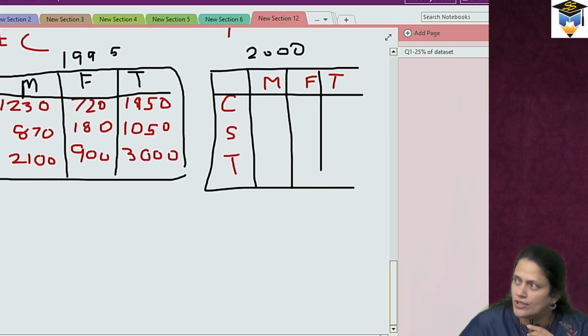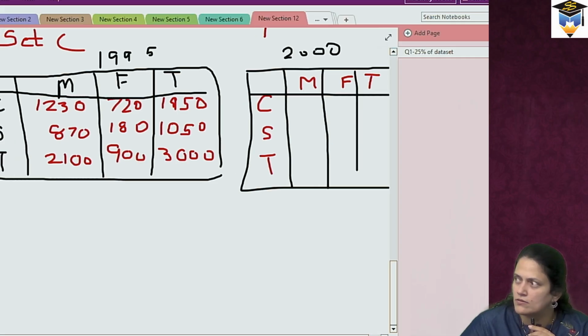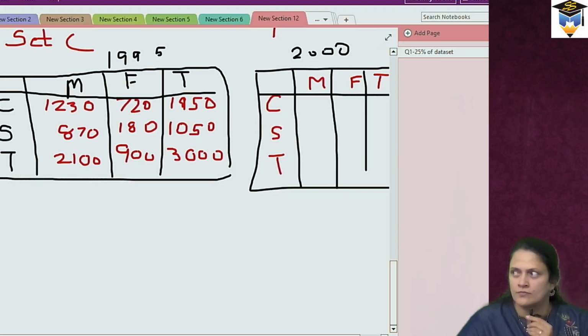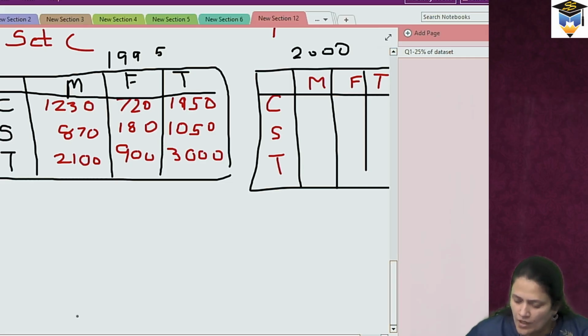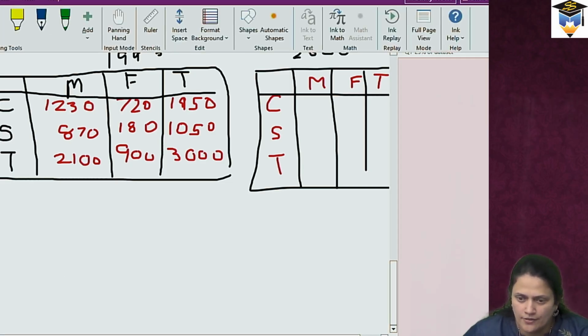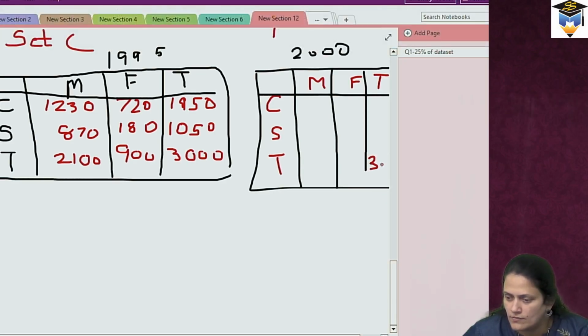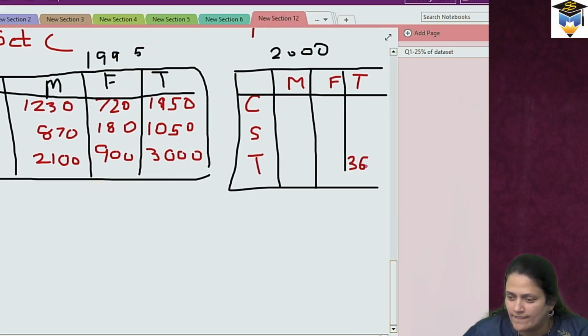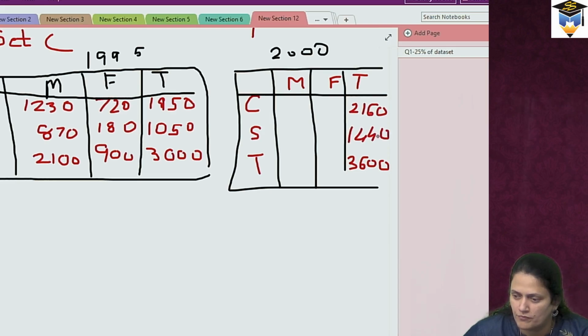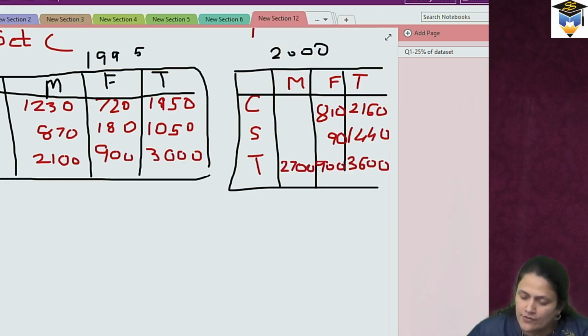Now your total number of students is 3600 for 2000. 3600 minus 900 gives us 2700.